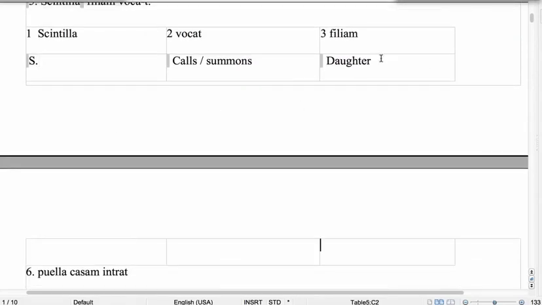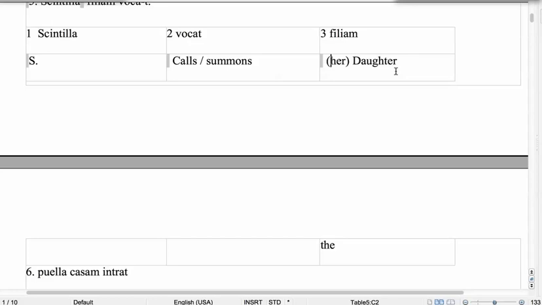Notice in Latin there is no word for the. No word for a. So you can either say the daughter, sounds sort of awkward in English, a daughter, which is also a little awkward here because there's only one. Or the most common thing in English would be to say her daughter.